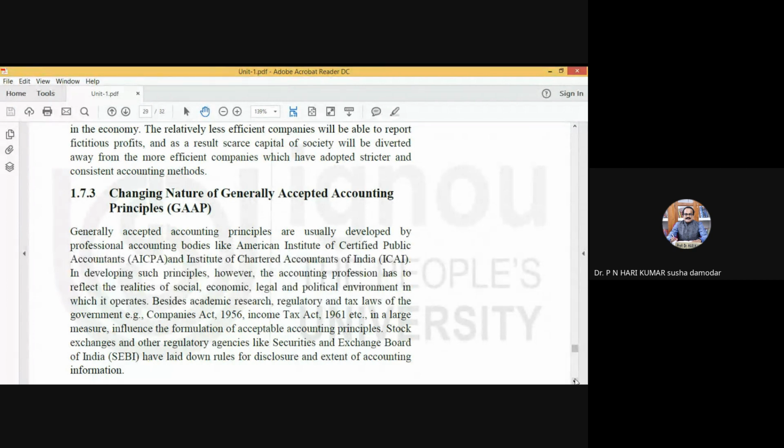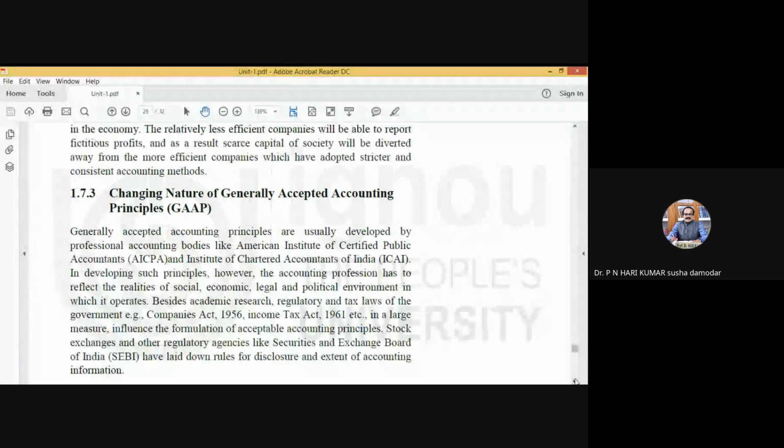These two bodies clearly specified certain principles for the preparation of accounts of an organization. The accounting system, the accounting concepts, the accounting conventions, all these are formulated by these two accounting bodies.